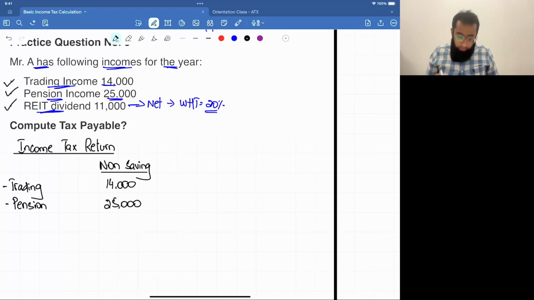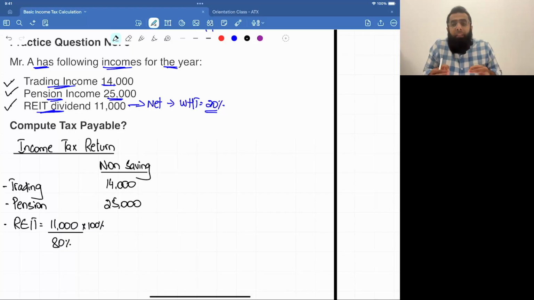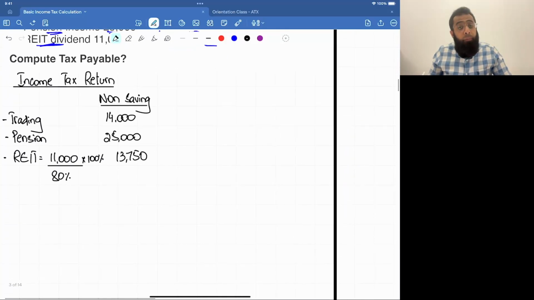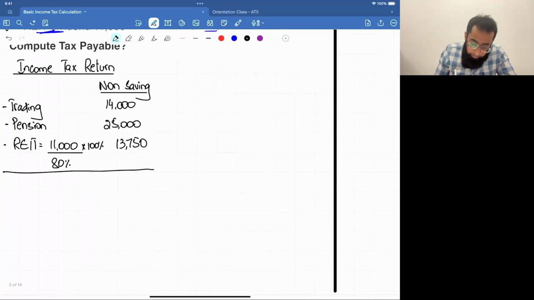How much? 11,000. But on real estate investment trust, there is withholding tax. So divide by 80%, multiply by 100%. Whatever you are getting is 80%. So the gross value is 13,750. You add up all of them. You get your total income.